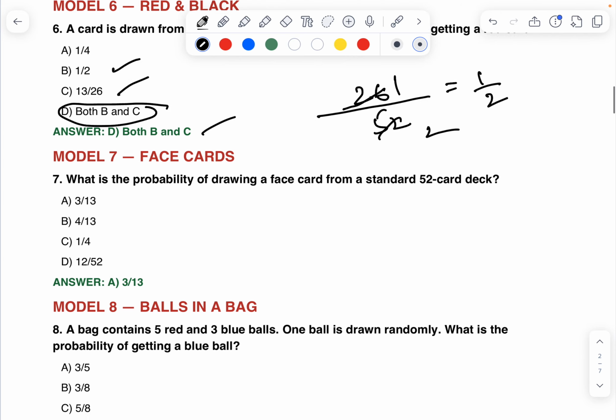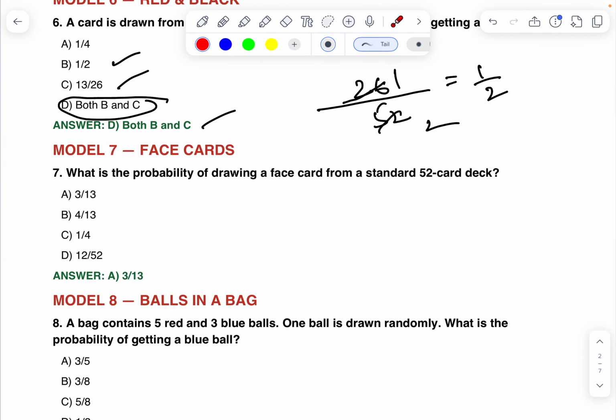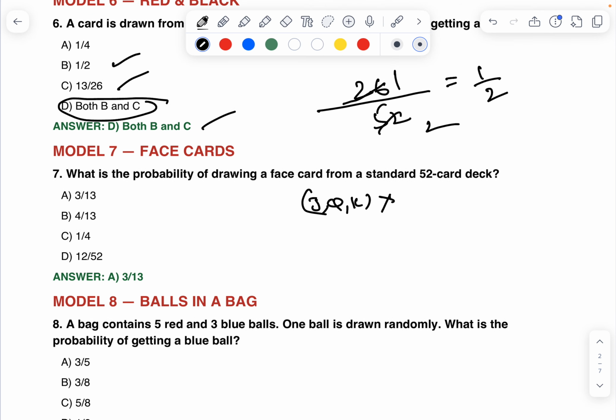Next question. Face cards. What is the probability of drawing a face card from a standard 52 deck? Face cards J, Q, K are called the face cards. How many face cards? J, Q, K into 4. Why?